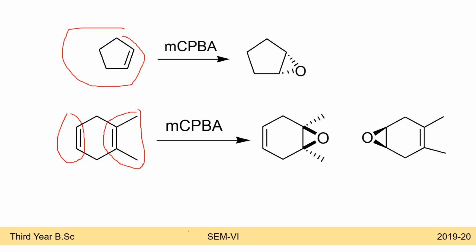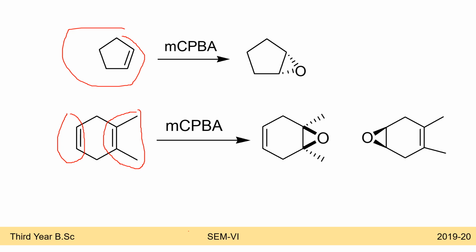Out of these, one is major and the other is minor, because in the case of mCPBA, the oxygen is electron deficient. That oxygen is added only at the double bond which has high electron density. Of these two double bonds, only this one has highly substituted groups.